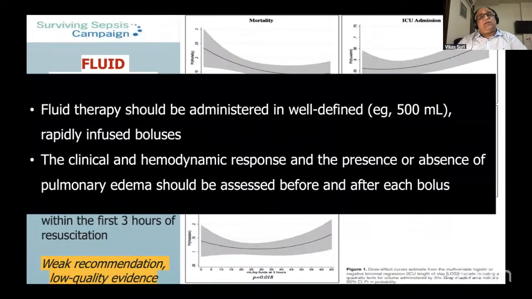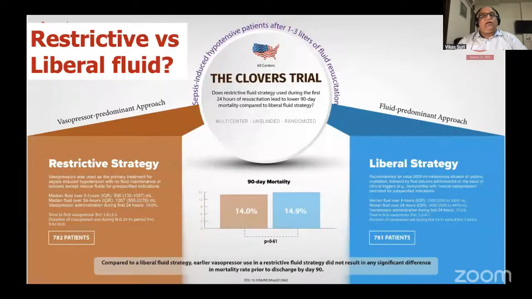Fluid therapy is generally administered in boluses, that is 500 ml, and before you give the next bolus, always look for pulmonary edema. Well, there is a role of restrictive strategy versus liberal strategy. The restrictive strategy is maintenance IV fluid and vasopressors, while the liberal strategy is boluses with maintenance fluid, and the trial does not actually suggest that a restrictive strategy with vasopressor is better than a liberal strategy with or without vasopressors.